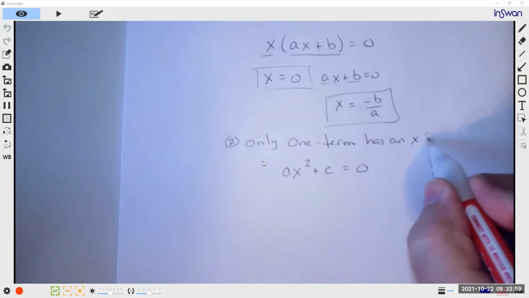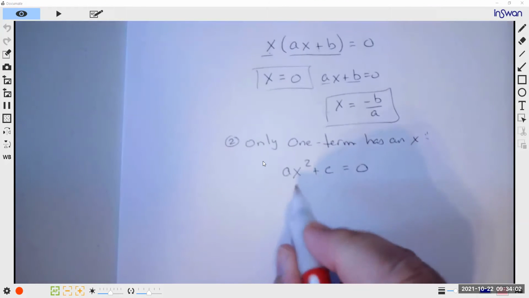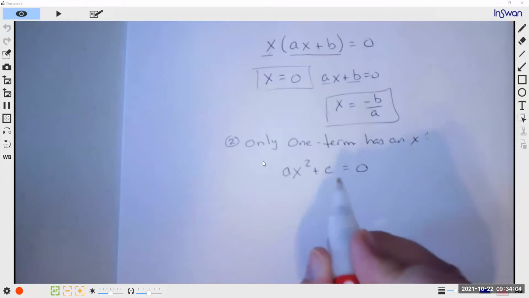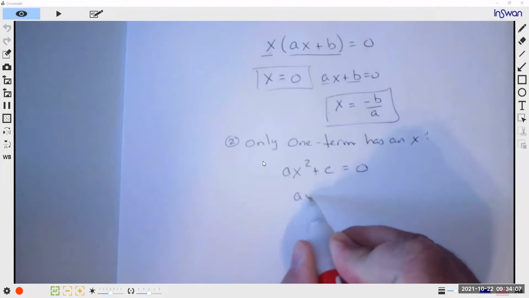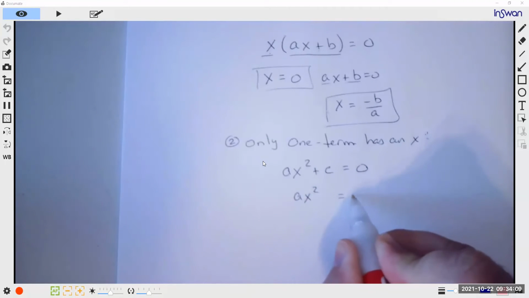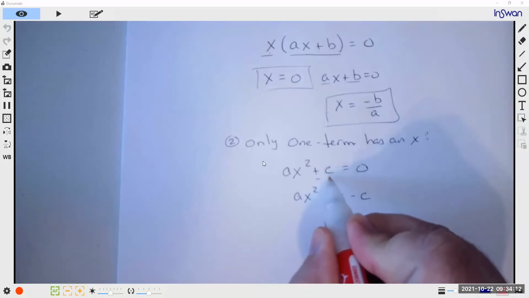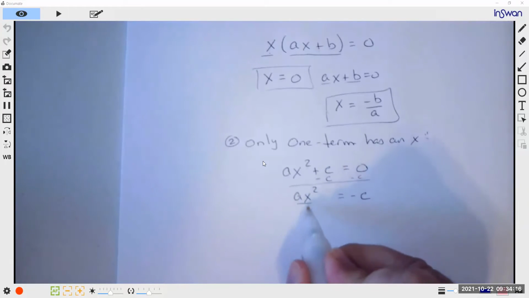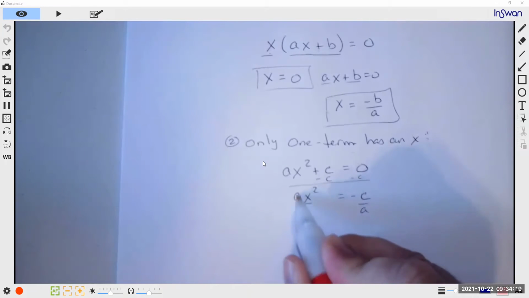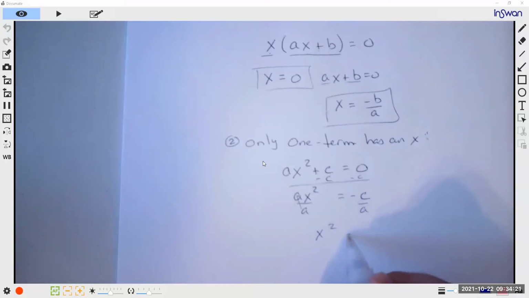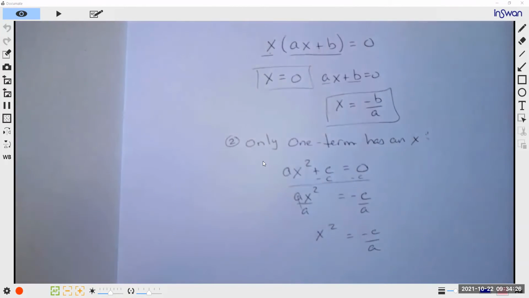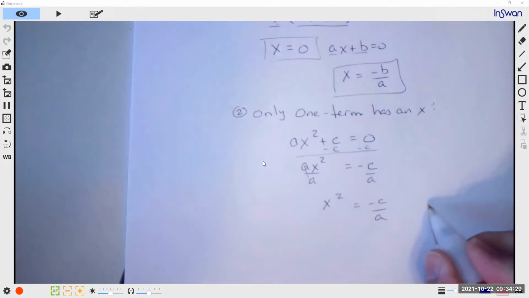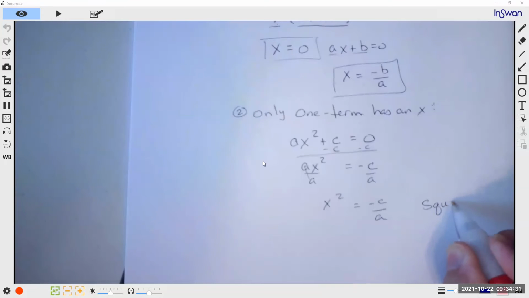Now, to solve this one, we had only one term that has x. We had to isolate the x. So we have to subtract c from both sides first, and then divide by a. So we have x squared equals negative c over a. And here we use the square root method.